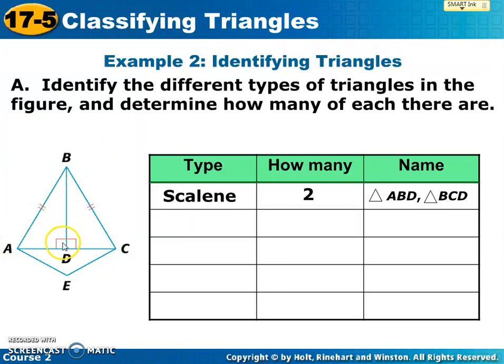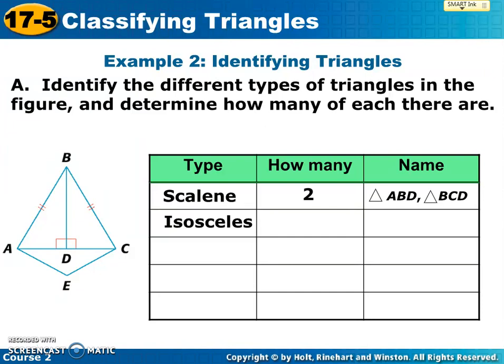Again, no sides are congruent. And BCD, right here. Two scalene triangles.